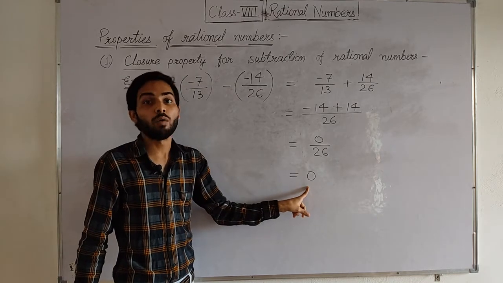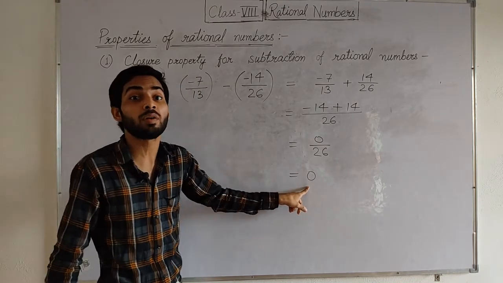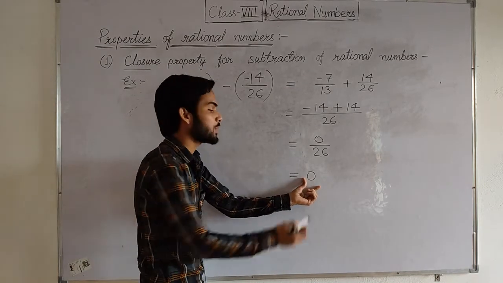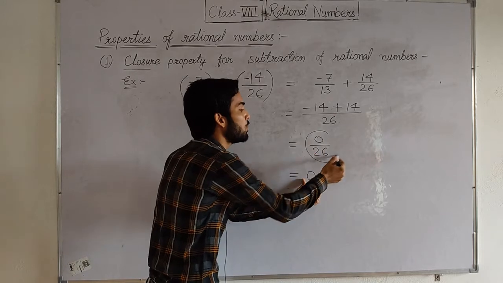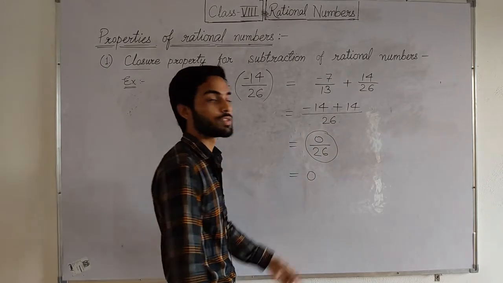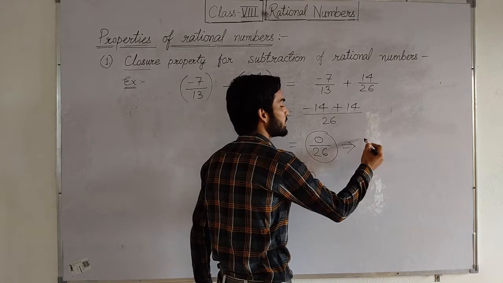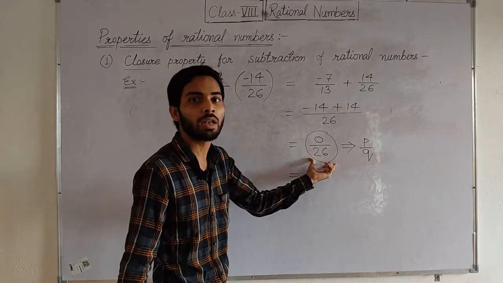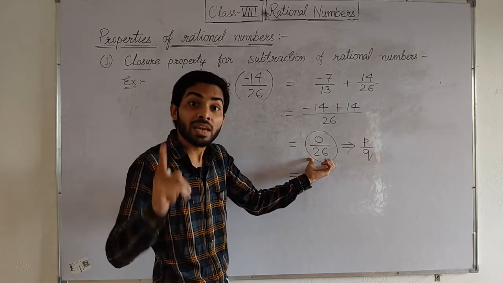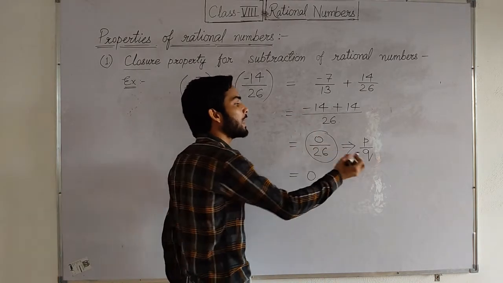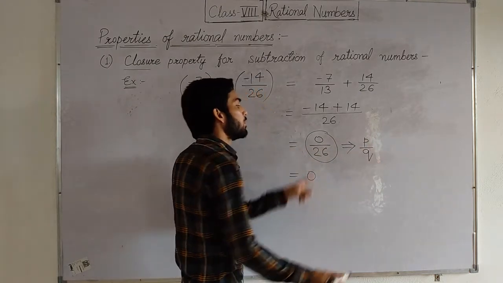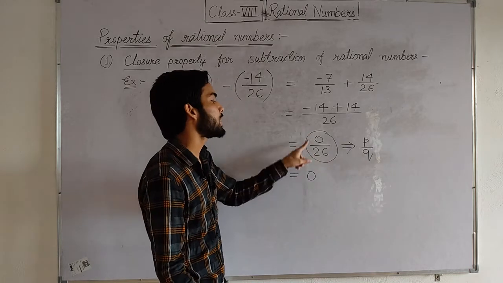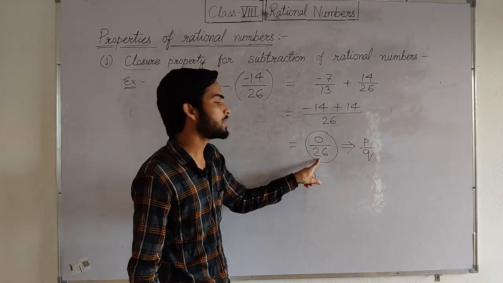Yes, obviously we can say that 0 is a rational number. Why? Because we are able to express 0 in the form of p by q, that is 0 by 26. This number is looking like a fraction. It is not a fraction but looks like a fraction, in the form of p by q, where the numerator and denominator, p and q, both are integers. 0 is an integer and 26 is also an integer.